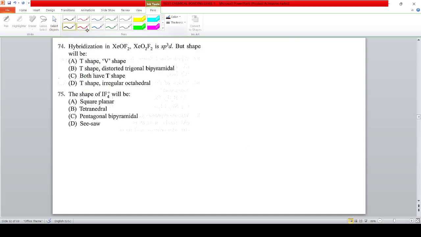Question number 74. The hybridization of XeOF2 and XeO2F2 is sp3d. But what will be the shape? Listen carefully. Xenon, first structure. There is only 1 oxygen and 2 fluorines. So, oxygen requires 2 electrons. Fluorine requires 1 electron.